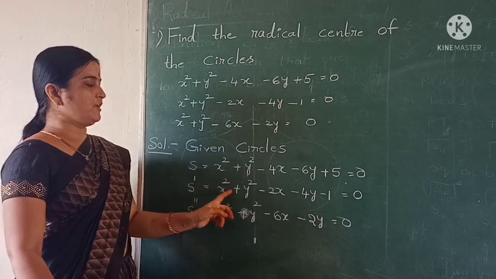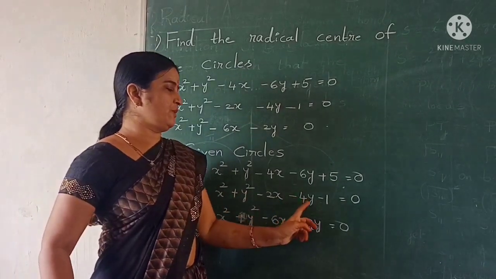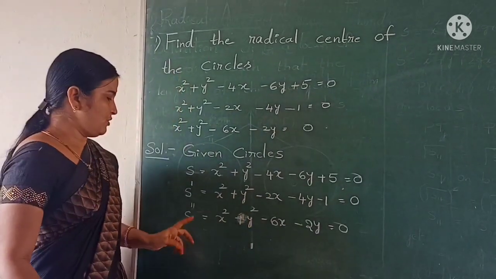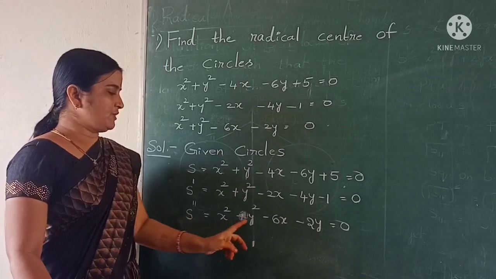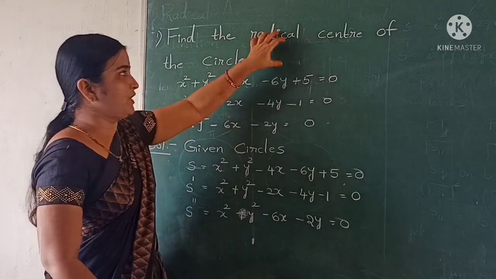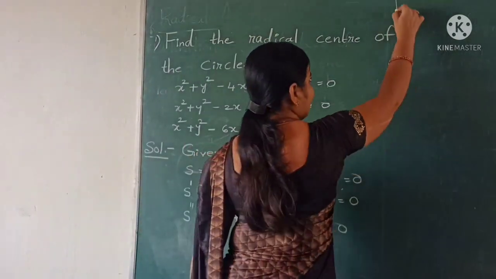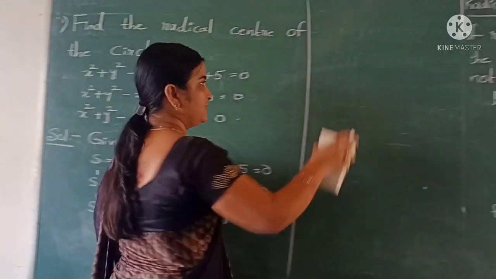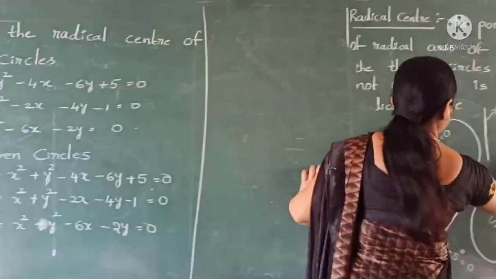S dash is equal to x square plus y square minus 2x minus 4y minus 1 is equal to 0. S double dash is equal to x square plus y square minus 6x minus 2y is equal to 0. Here we have to find the radical center of these three circles.